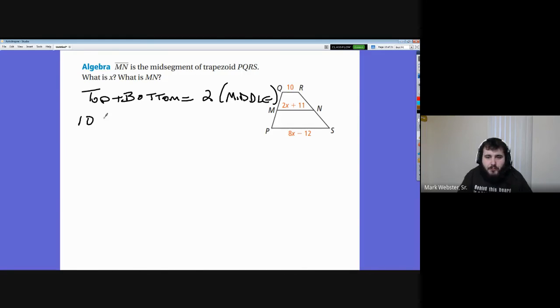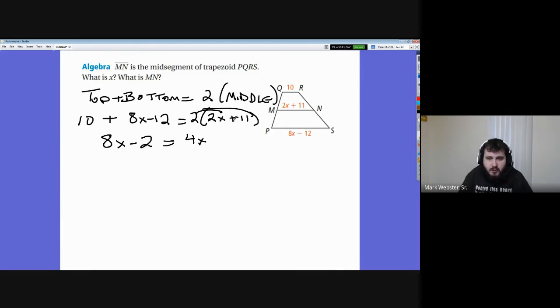Top plus bottom equals 2 times middle. So let's combine like terms on the left. We've got 10 minus 12 is -2. So we got 8x minus 2. Distribute here. 2 times 2x is 4x. 2 times 11 is 22. And then we're going to solve for x.